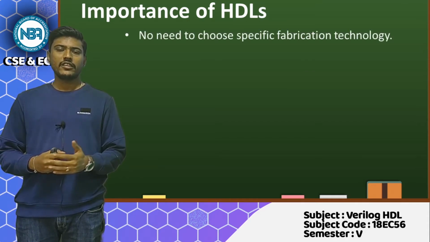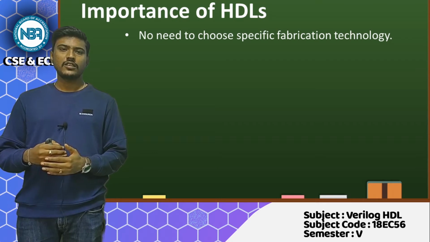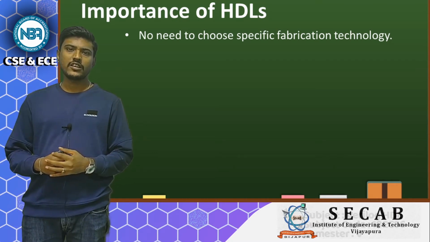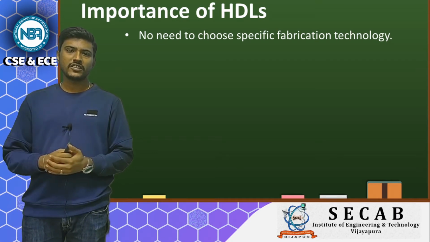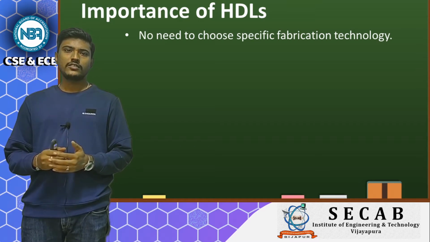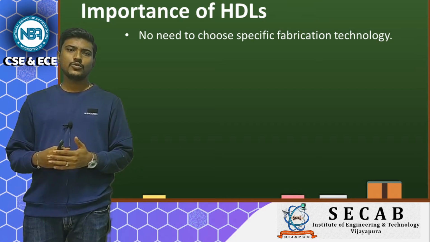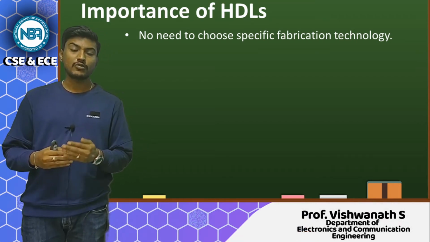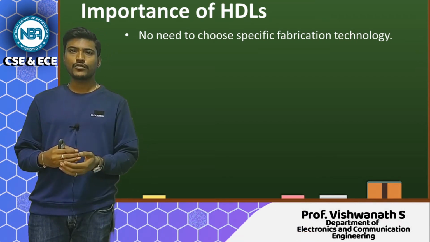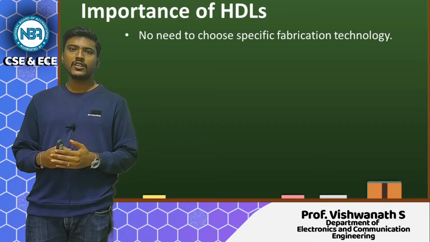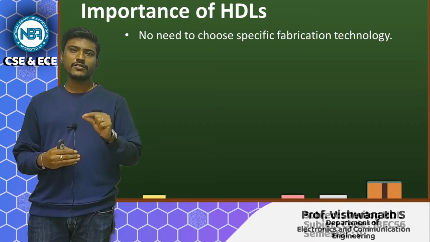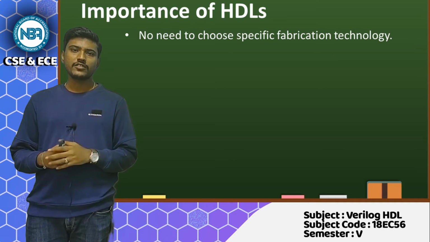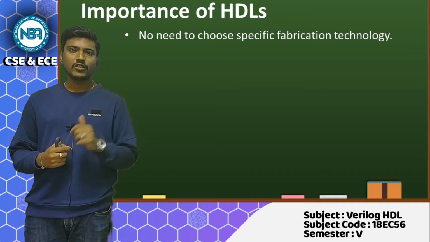See, once a physical layout is ready and they have come up with the GDS2 file, at that time there is no need to specify. As a designer, once your design is going for fabrication, we need to specify what type of technology we are using for that particular layout.